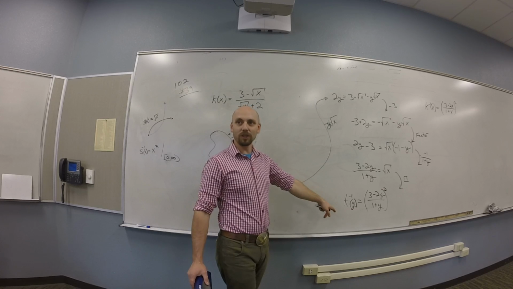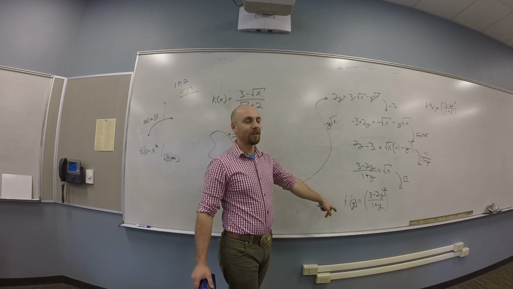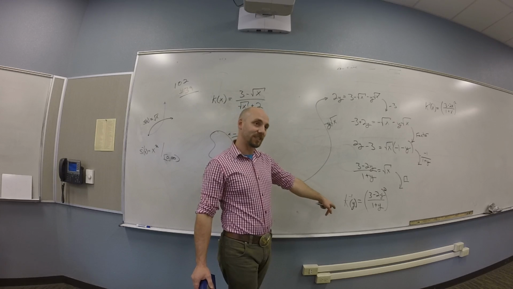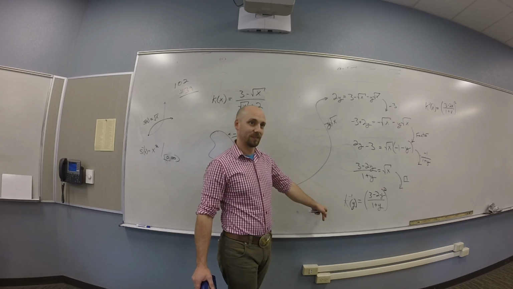Because all a function is, is a relationship between inputs and outputs. The same relationship. And all an inverse function is, is the same relationship but phrased as between outputs and inputs.